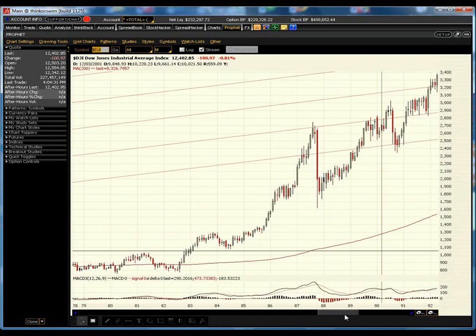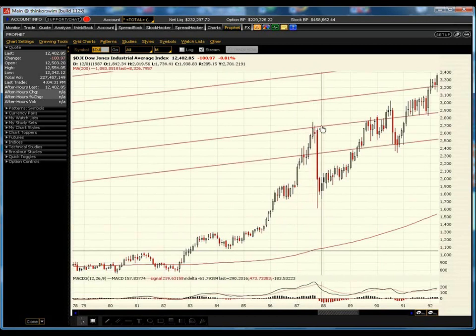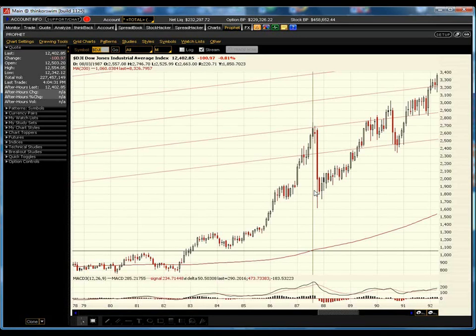Yeah. We can go back here to October 1987, in which again we had a tremendous run-up in prices. That run-up in prices was met with some resistance in the 2,700 level, and prices dropped off dramatically from there.